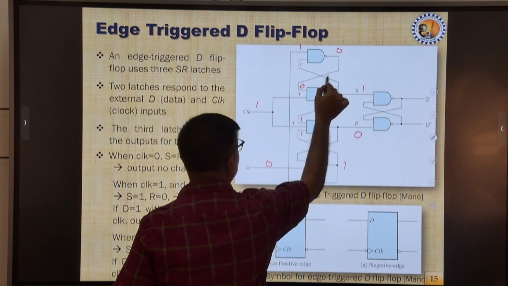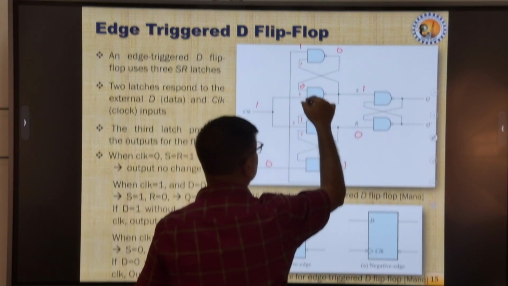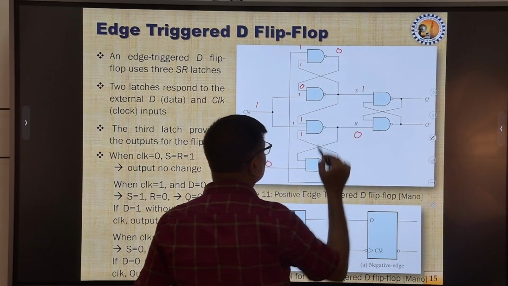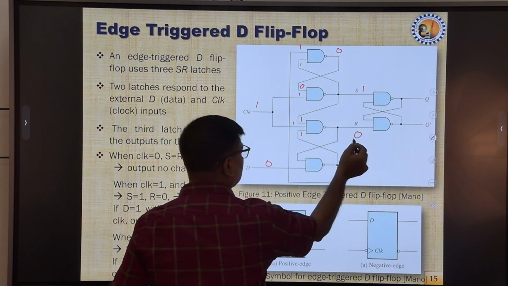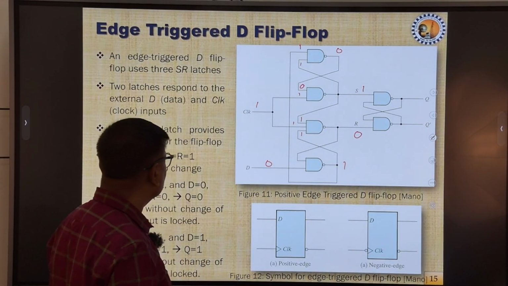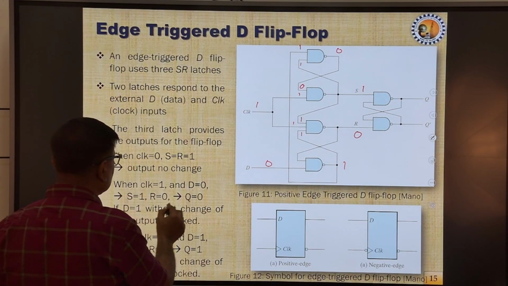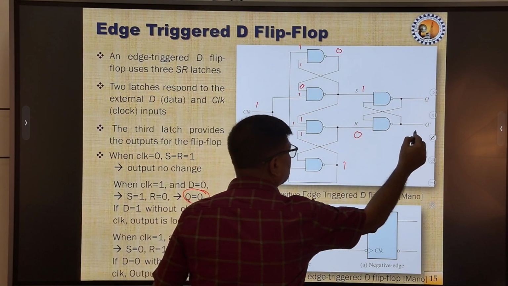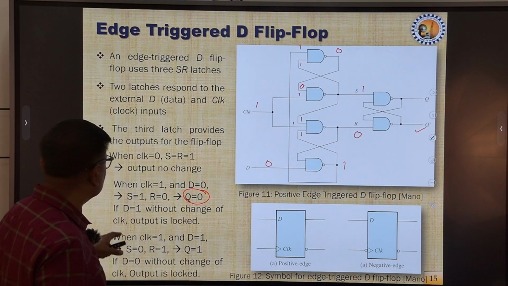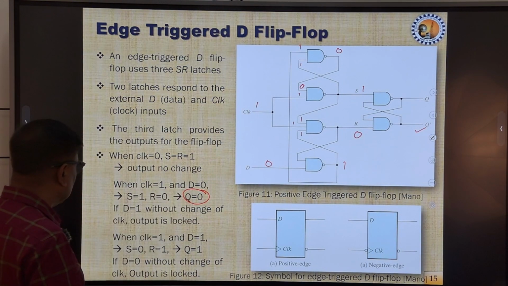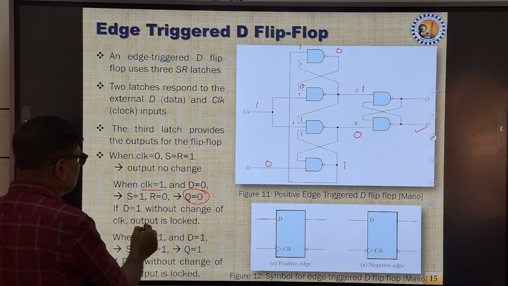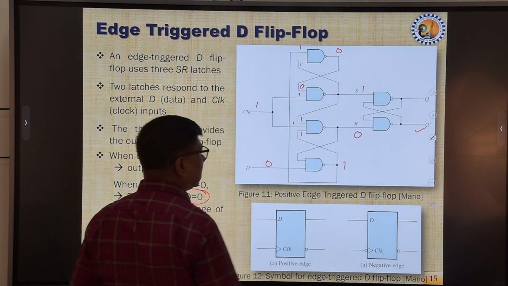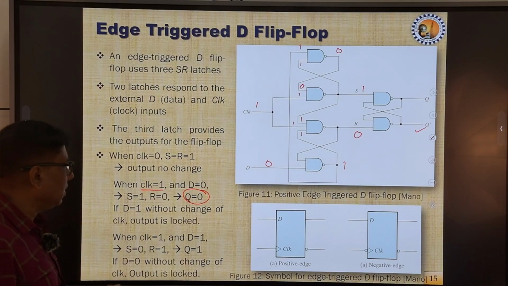So this 0 and this 1 will make it 1. So S is at 1 and R is at 0. So this is actually the reset condition for this flip flop. That means with D equal to 0 and clock equal to 1, this flip flop has gone to reset condition, as is the usual case.